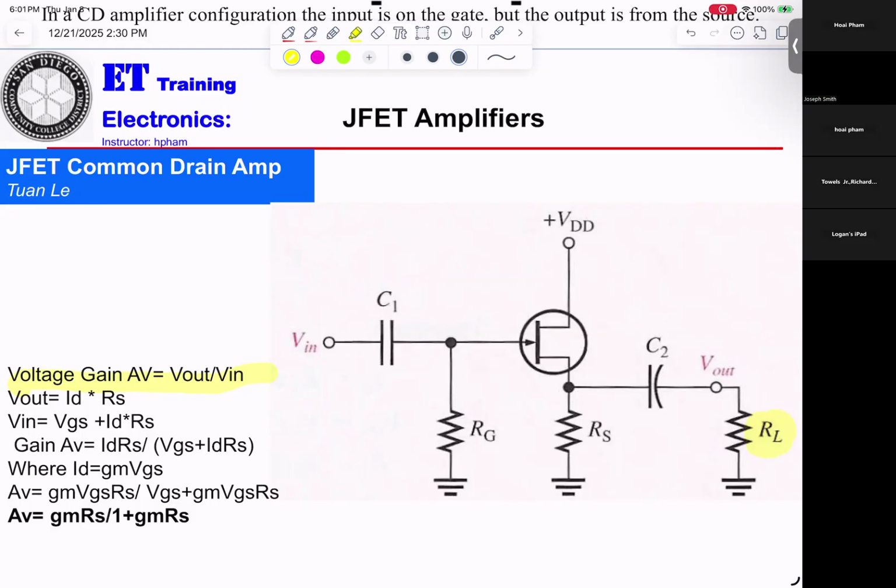And ID equals GM times VGS. So AV, the voltage gain, is GM times VGS times RS divided by VGS plus GM VGS times RS.